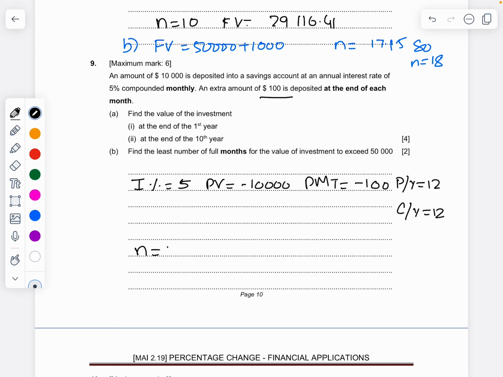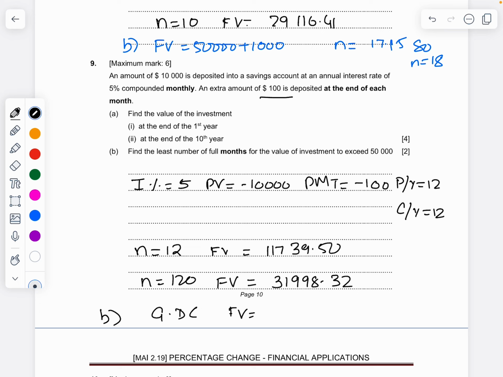Then set n equals 12 and final value will become 11,739.50. N equals 120, because 10 years, final value 31,998.32. For part B, use the GDC, keep the final value as 50,000, then you'll be getting n equals 187.04, which is 188 months.